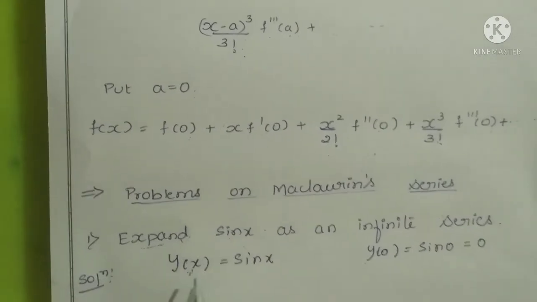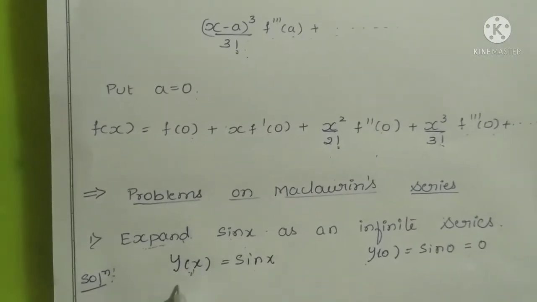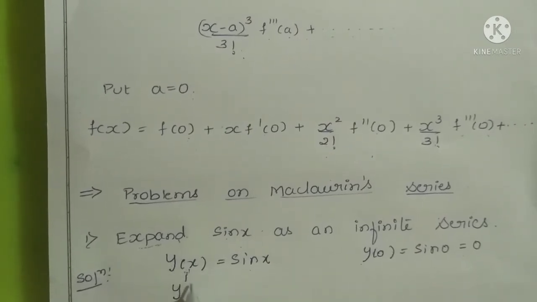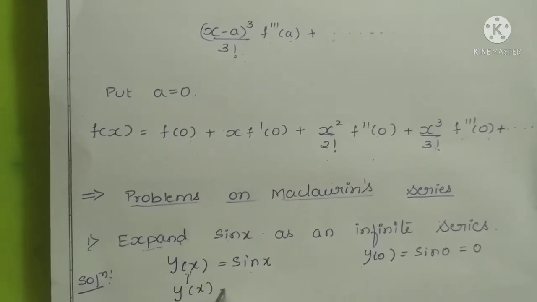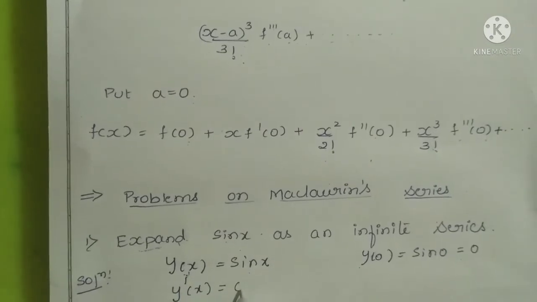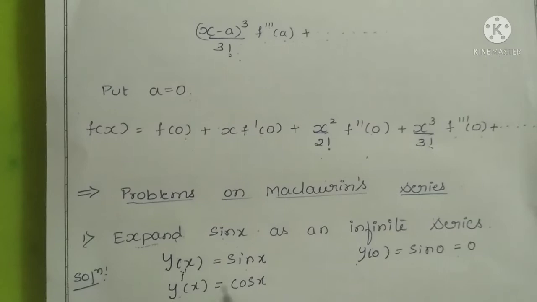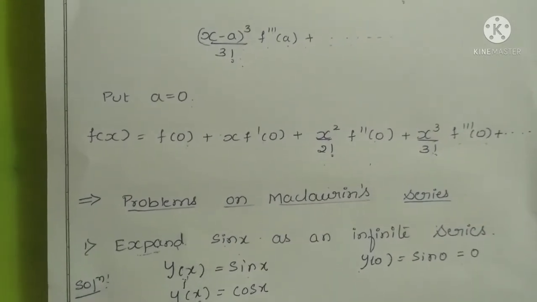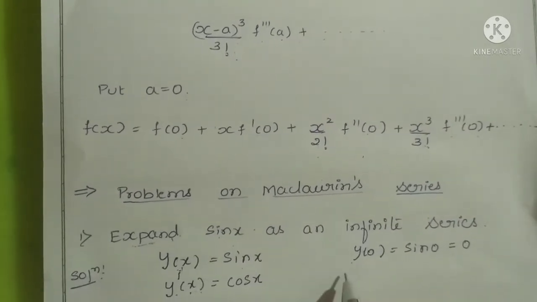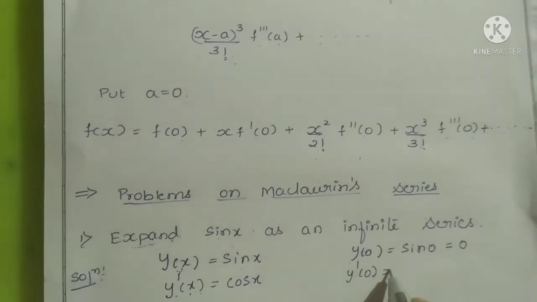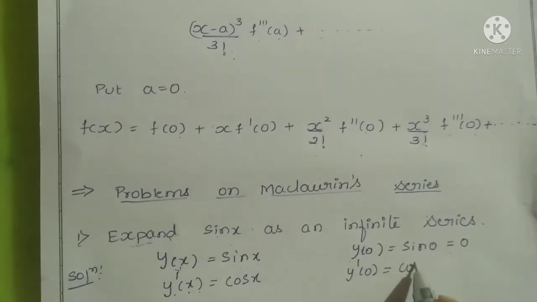Since the question says expand, what you have to do further is differentiate y of x. The differentiation of y of x is y dash of x, the differentiation of sin x is cos x. Again in y dash of x, put the value of x as 0, then y dash of 0 equals cos 0.